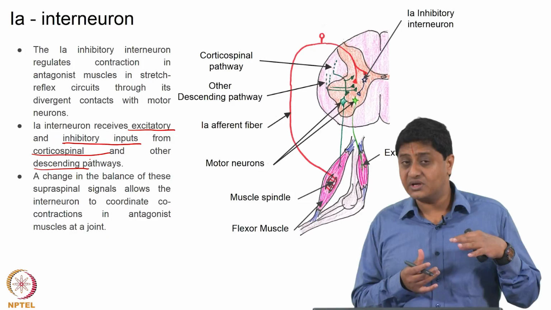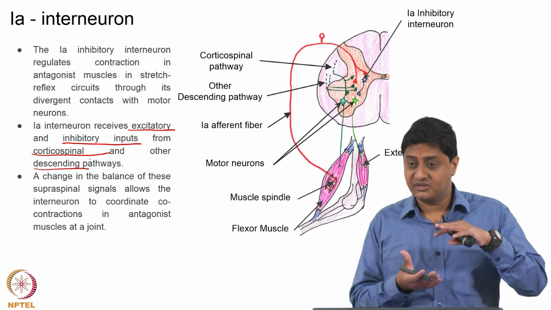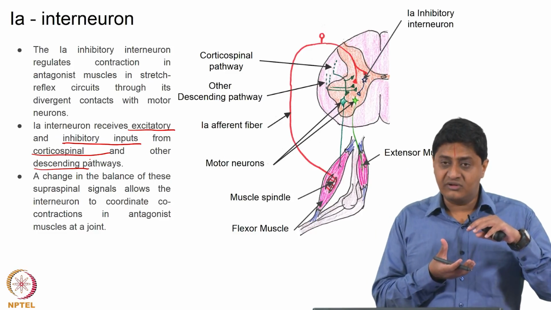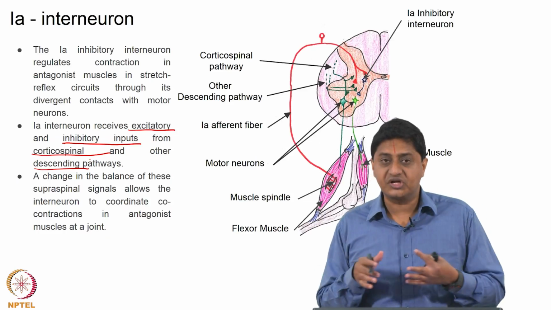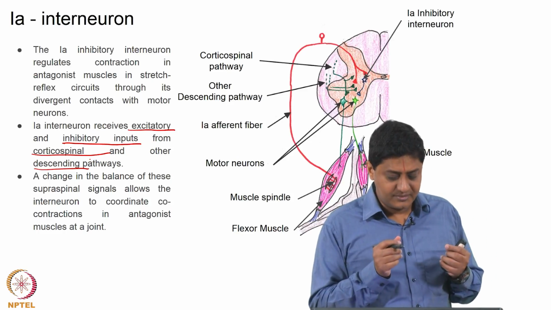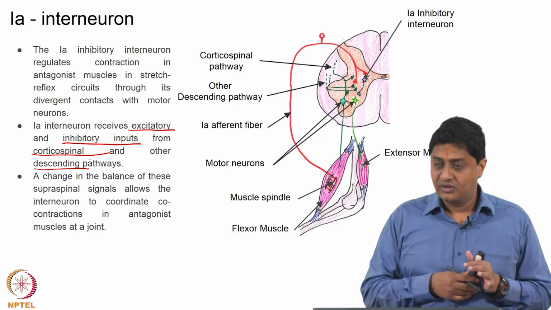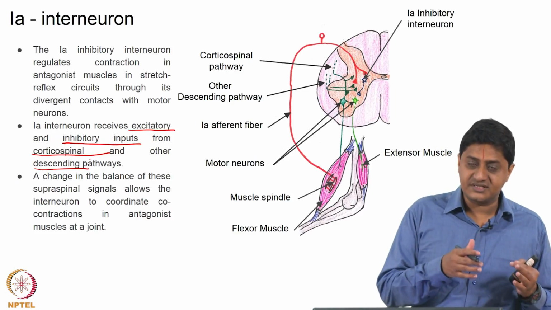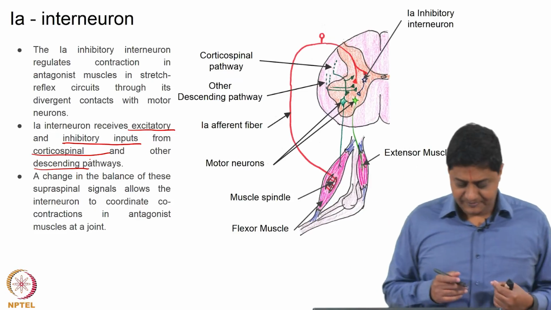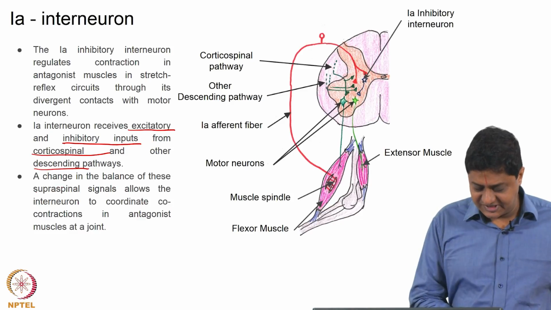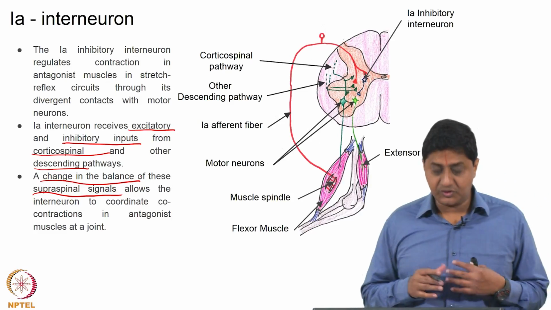There is a group of these 1A interneurons, and there must be a balance of excitation and inhibition. Depending on the direction in which this balance is tipped, in favor of excitation or in favor of inhibition, excitation or inhibition of the neurons affected by this will happen. So, this balance must change. A change in the balance allows the interneuron to coordinate muscle contraction.